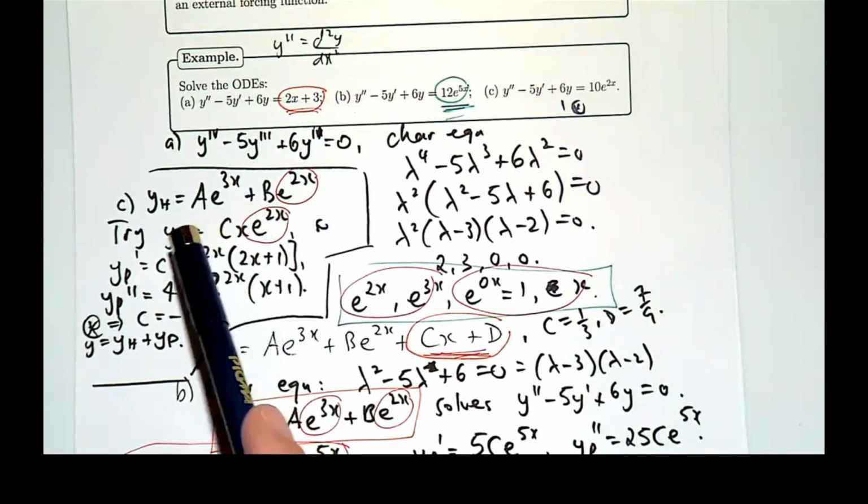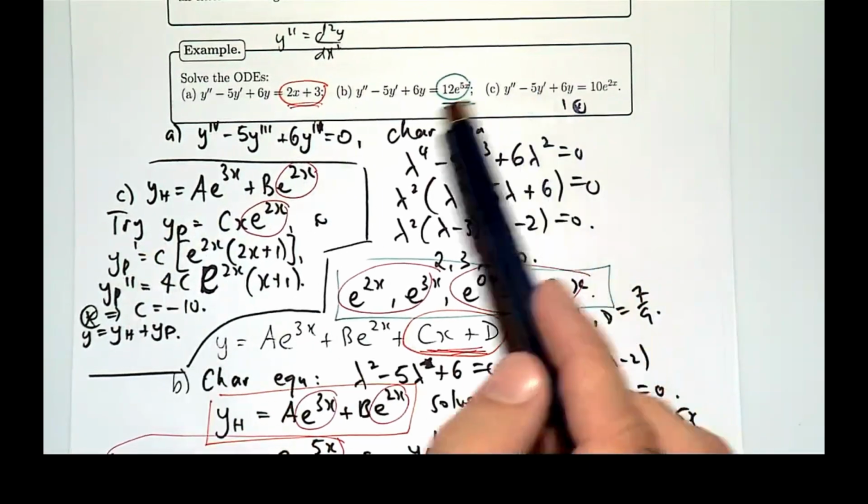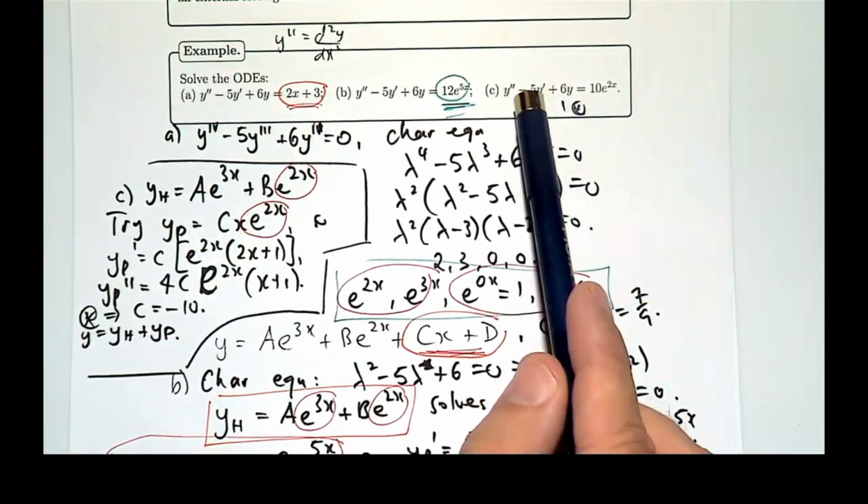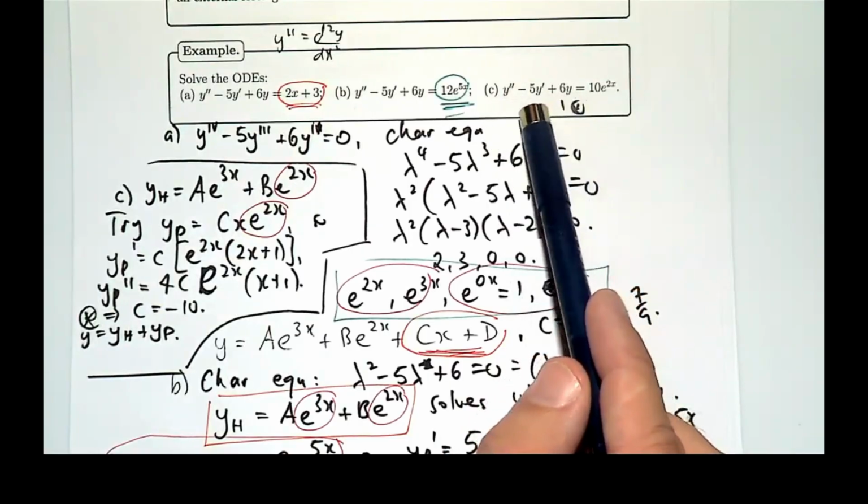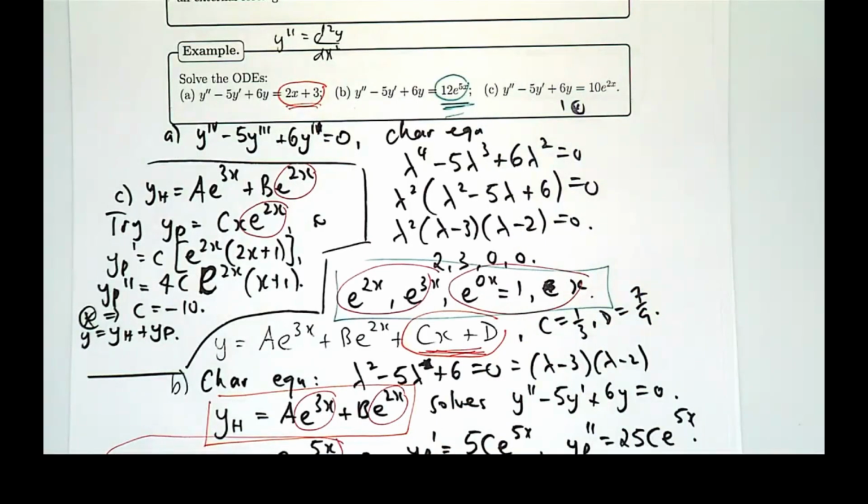So I've differentiated it once, differentiated it twice, and subbed these expressions in here. You're going to get probably some cancellation, and then you'll be able to choose a value of C that balances it. It's called the method of undetermined coefficients. So C is a coefficient. You want to know what it is, sub it in and compare, and a value of C will come out.